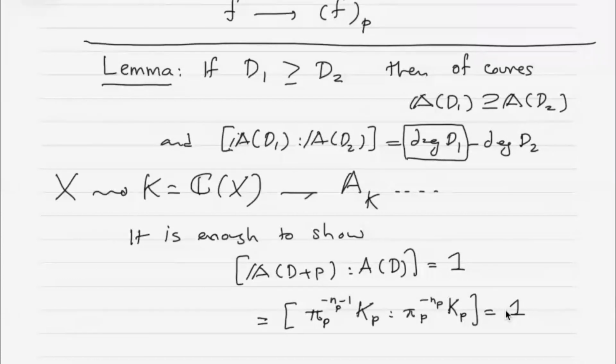So what I'm trying to say is that since the difference between the adeles and K is that for the adeles everything is localized at the points P, when you want to compare these two, you can do it separately for different points. For K, you can't really do that.